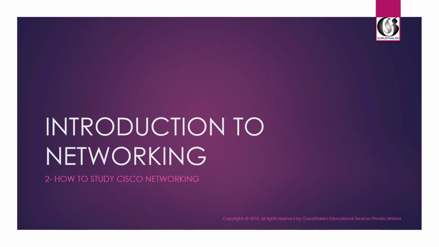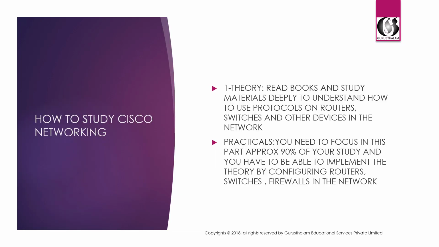When you want to study Cisco networking, there are certain things you have to learn or achieve from various parts of study: theory and practicals. You can learn about all the different protocols by reading books, watching videos, or joining a classroom course to understand how to use protocols on routers, switches, and other devices in the network.